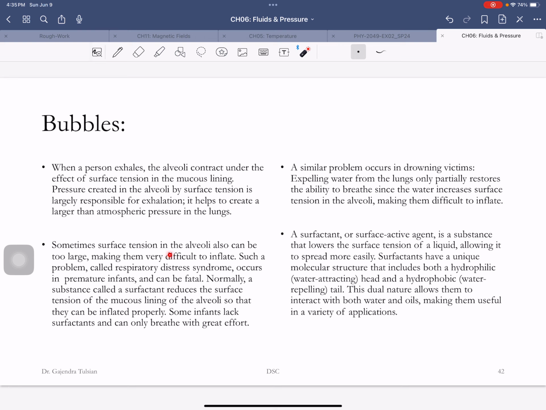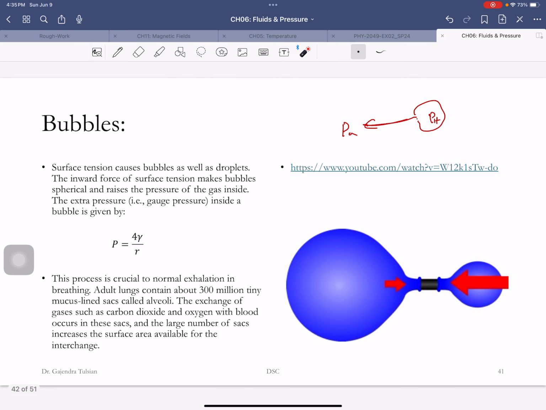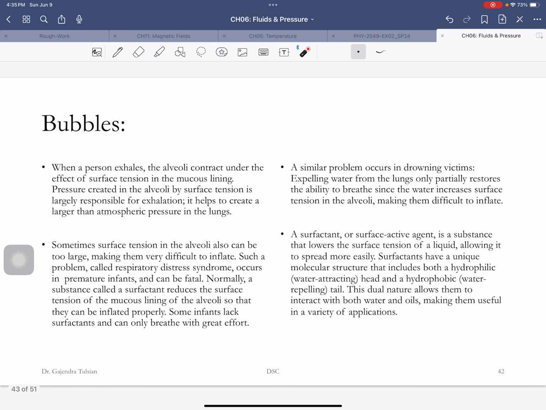Sometimes surface tension in the alveoli can also be too large. If the surface tension is too large and the pressure is too large, then you can't even breathe and inflate the alveoli. Surface tension in the alveoli can be too large, making them very difficult to inflate, meaning you're not able to breathe. Such a problem, called respiratory distress syndrome, occurs in premature infants and can be fatal.